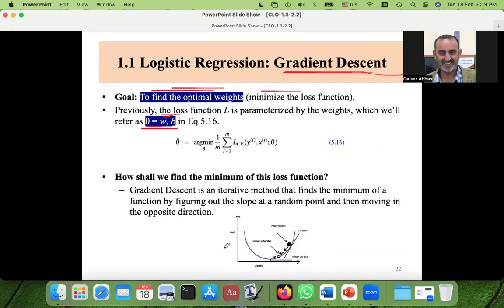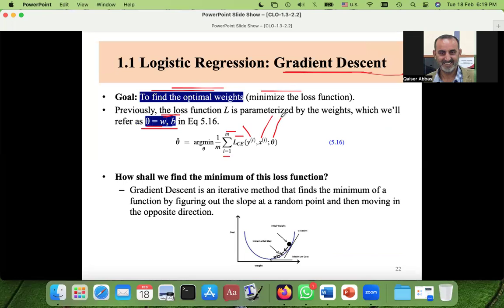And here I'm saying 1 over m, sigma i to m, the loss, and then yi, the class which is available in the data set, xi is the input, and W's and B's I am representing with this theta.